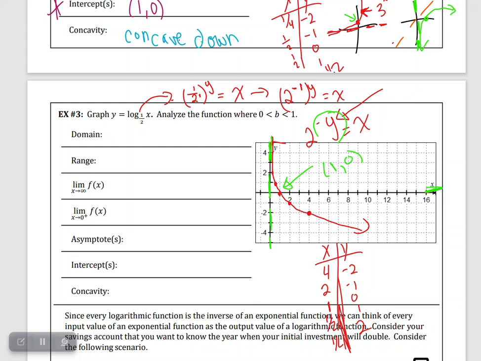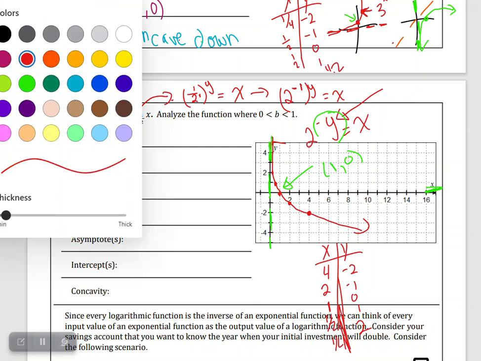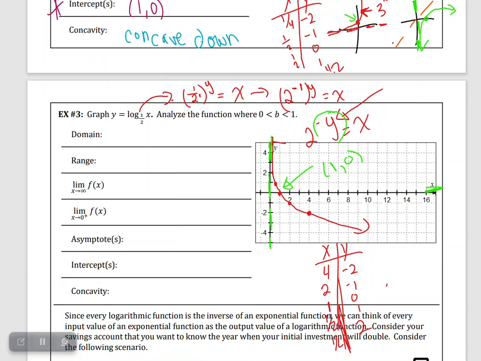So a lot of these translations that we've seen before are going to happen with these logarithms as well. So domain. Domain is still 0 to infinity. Range is going to be negative infinity to infinity because this goes down forever. And this is going up forever. As x approaches infinity for the limit, so as it's going this way, what's happening to the y values?